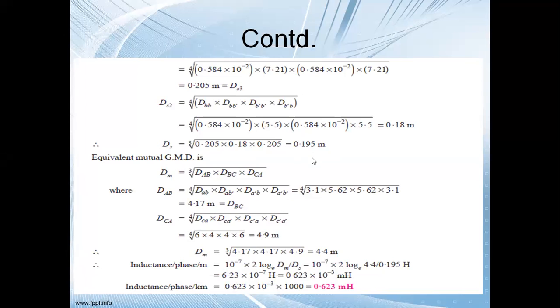Now next task is the equivalent GMD, the mutual GMD. Mutual GMD means cube root of DAB into DBC into DCA. Now what is DAB? DAB is DAB into DAB dash into DA dash B into DA dash B dash.